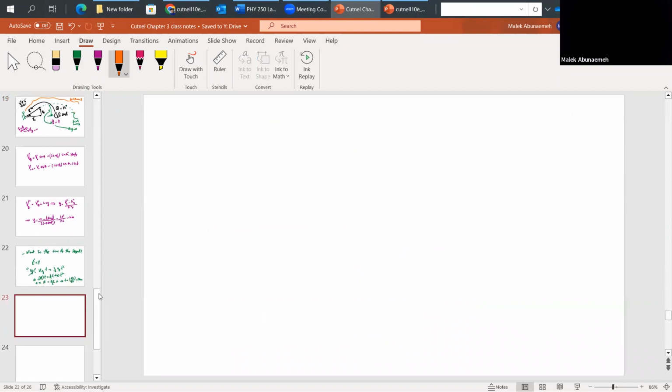In this case, we can use the same equation using the x value, your horizontal value, which is going to be your initial velocity times t plus 1/2 a x times t squared.